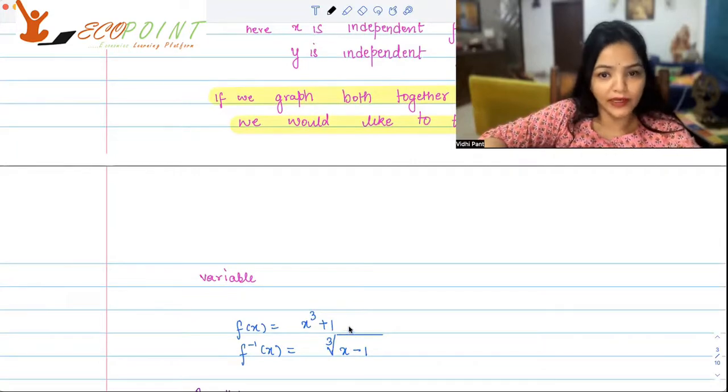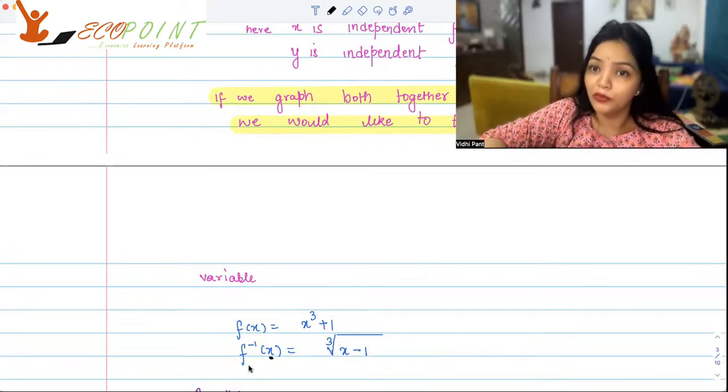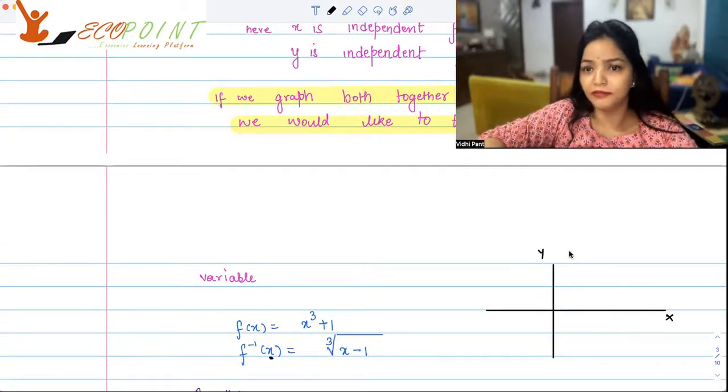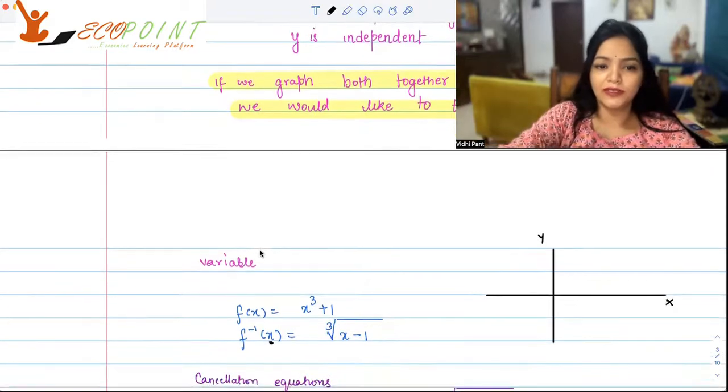That's how we wrote it, right? Then for f inverse, I can take the input again as x. The functional form is cube root of input minus 1. And when you do that and graph, you will be able to graph on the same xy plane, taking x as independent and y as dependent variable. Okay. That's why I wanted to mention this here.